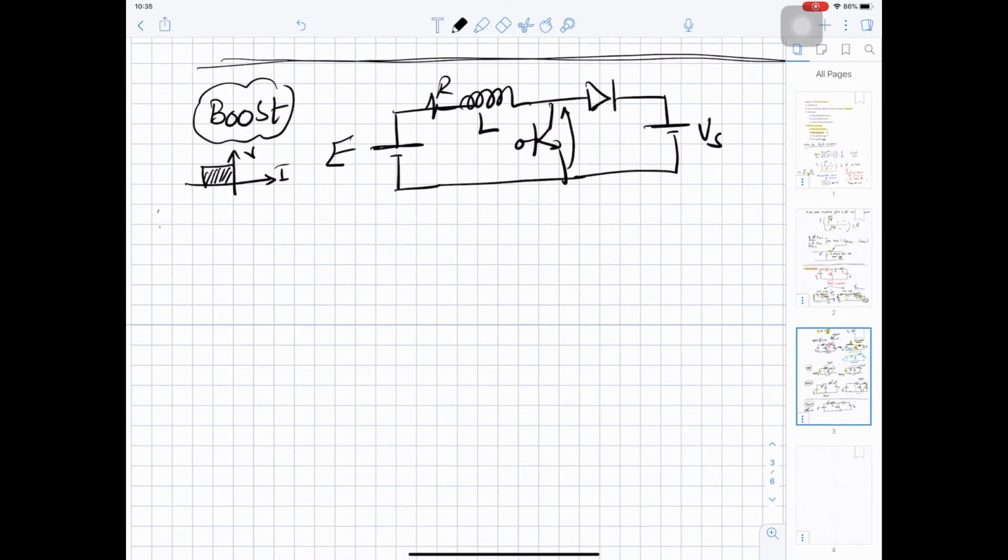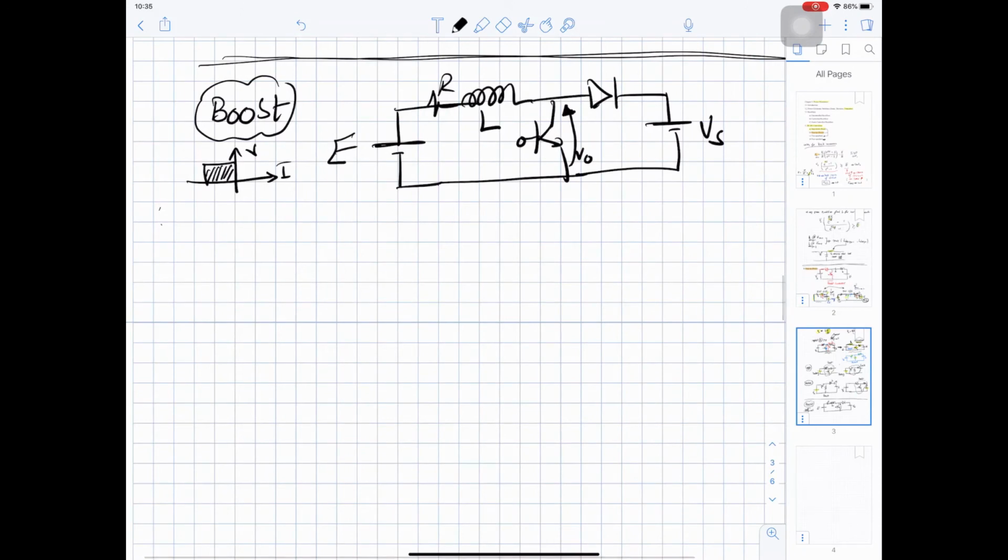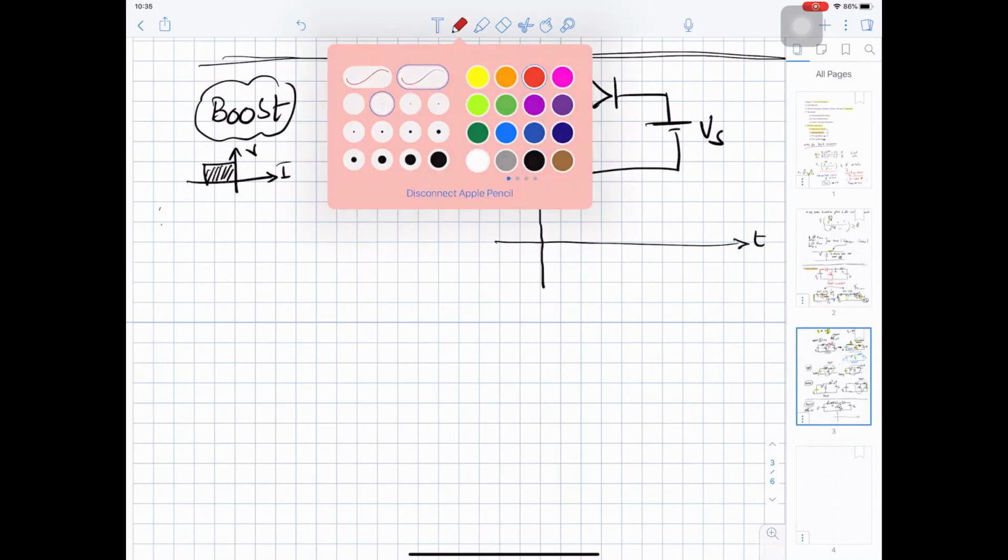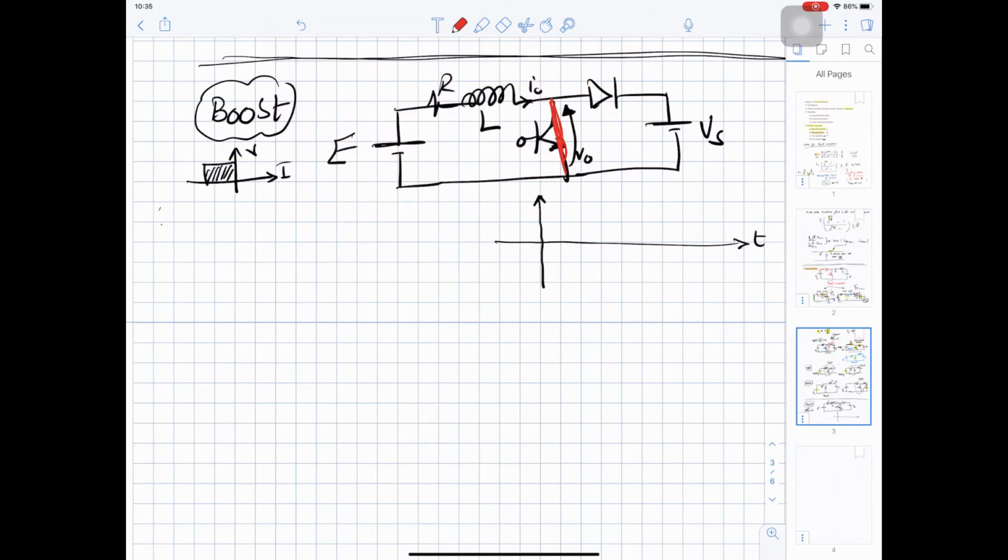Now if we look at the voltage V out, and this is your current I out. If we sketch your V out versus time, when you close the switch, it is clear that V out is 0. And when you open the switch, the diode will be on, so your V out will be V source. And then it goes to 0 again, and so on.